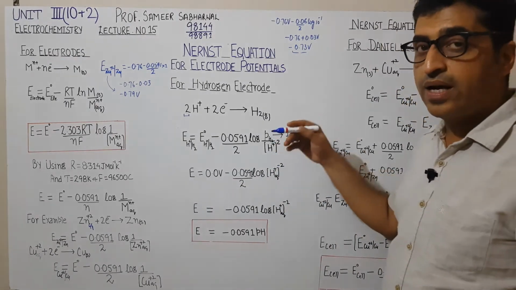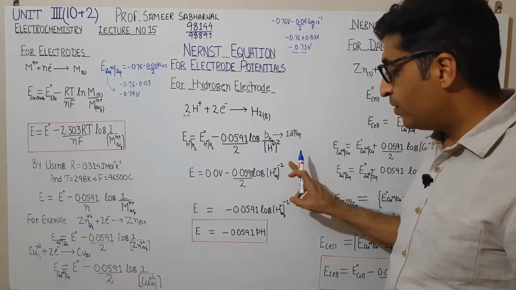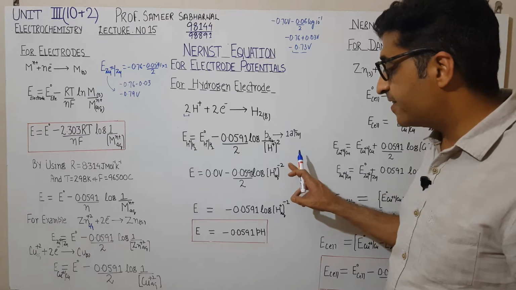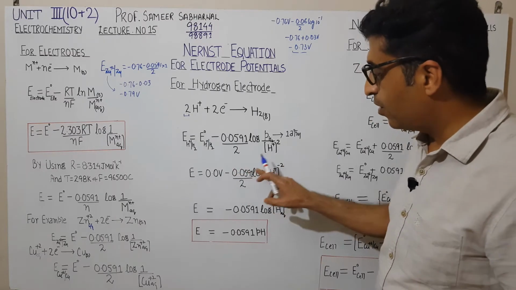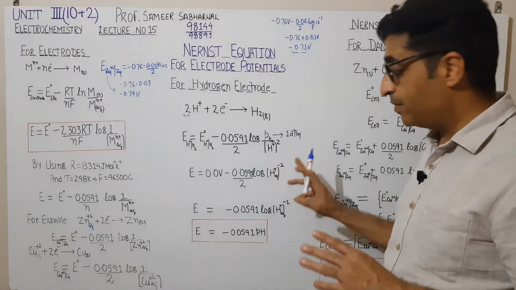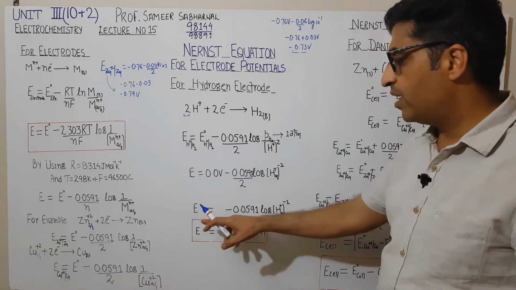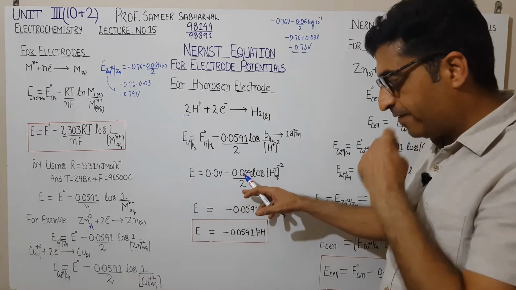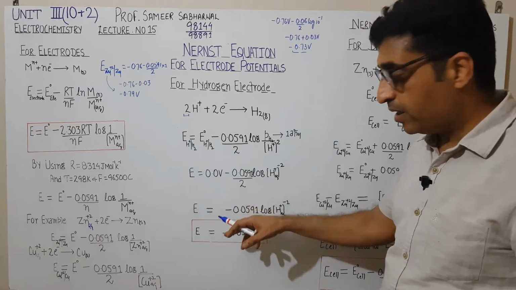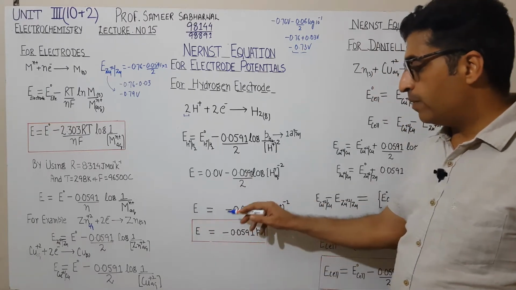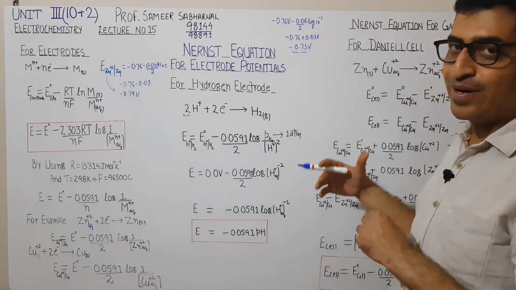We took it up, so that becomes H positive raised to power minus 2. Now if I bring this 2 here, log m raised to power n is n log m, the 2 cancels out with the 2, so E is equal to minus 0.0591 log of hydronium ion concentration raised to power minus 1.